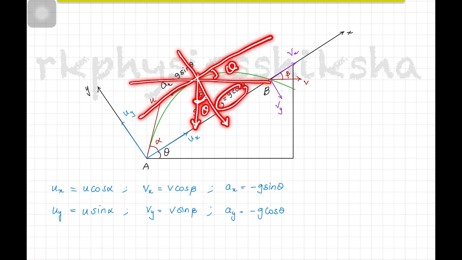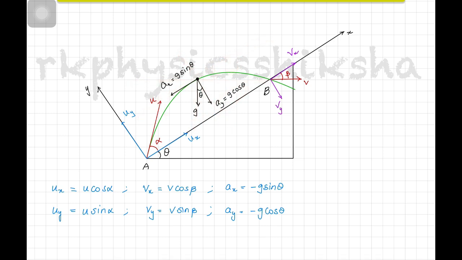So this component will become g cos theta, and this component here will become g sin theta, and they are acting along the negative directions of the x-axis and y-axis. We take x here, y here as positive, so they are acting in the negative direction, always acting downward, so we take them negative.